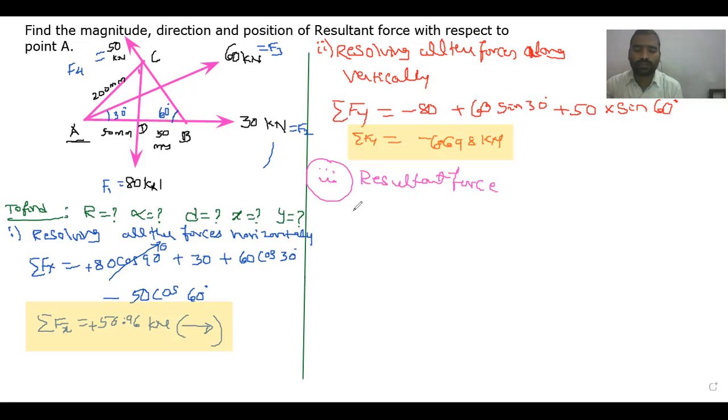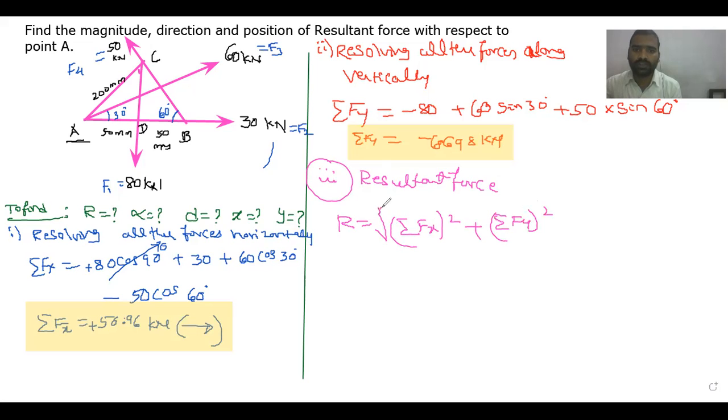First, you have to find R is equal to under root of sigma fx whole square plus sigma fy whole square.